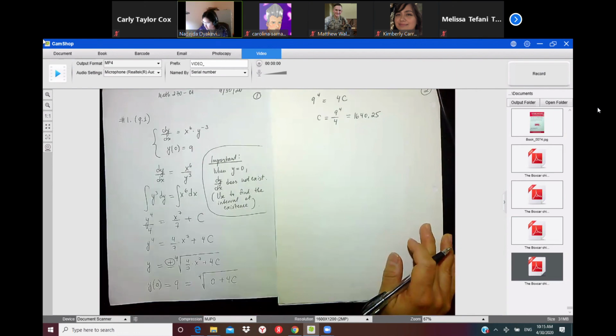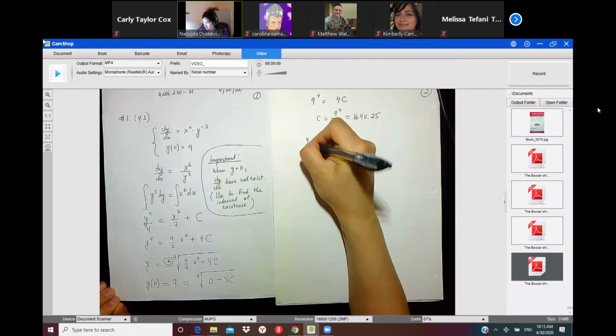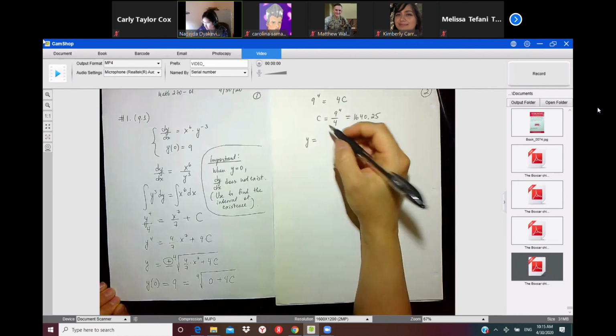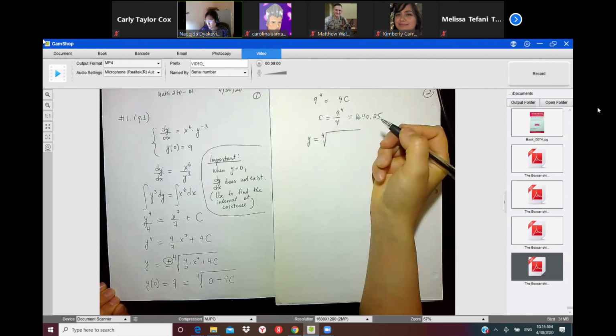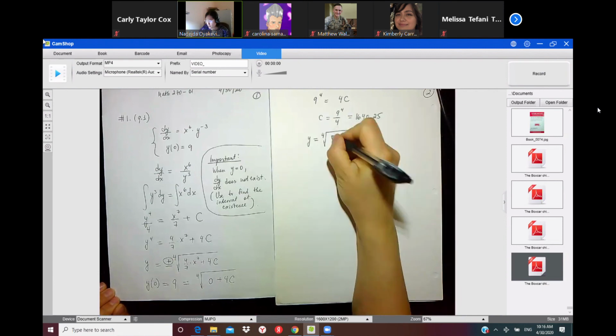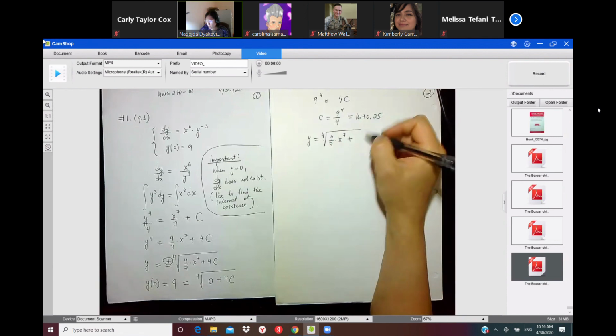We're ready to plug that into the solution. So we get y equals, again, we're using the positive one. This is the 4th root. Under the root, we have 4 over 7, x to the power 7, and then plus, instead of C, you know what?